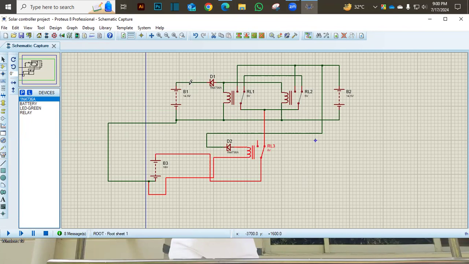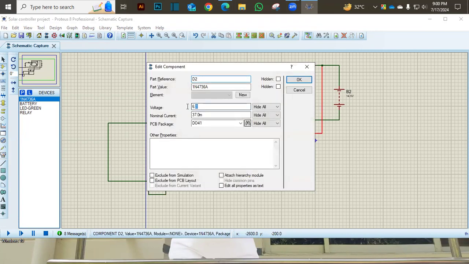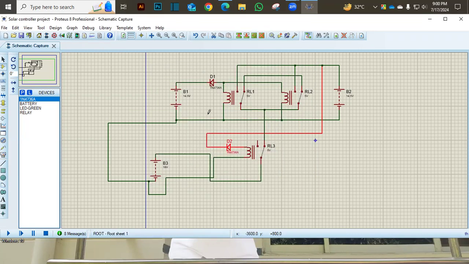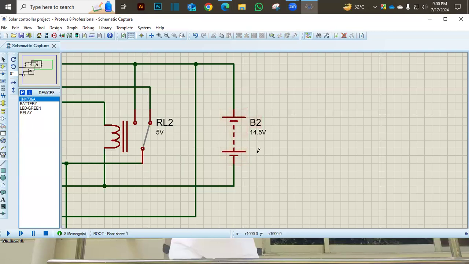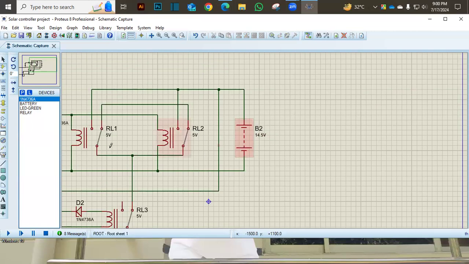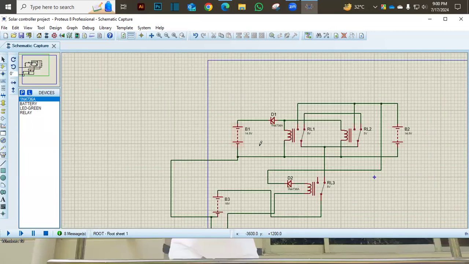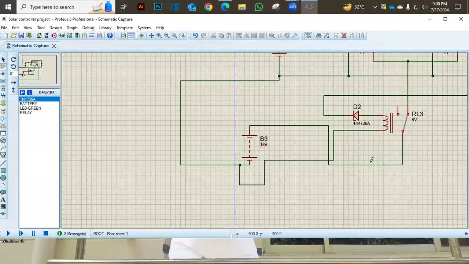Okay, now what happens if we set the value to 5 volt and our Zener diode level will be 10 volt? Okay, now what happens if both of our batteries reach the maximum voltage level, which is 14.5 volt and also 14.5 volt? Now we can see that our first relay, which is our control output relay, has shifted its line from normally closed to normally open.